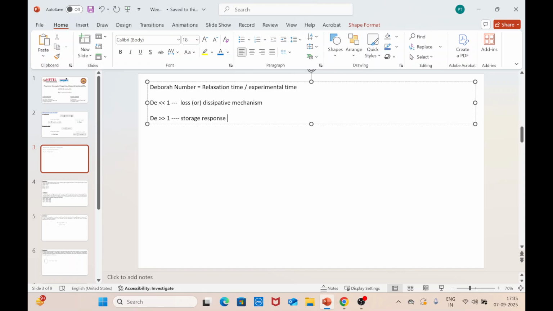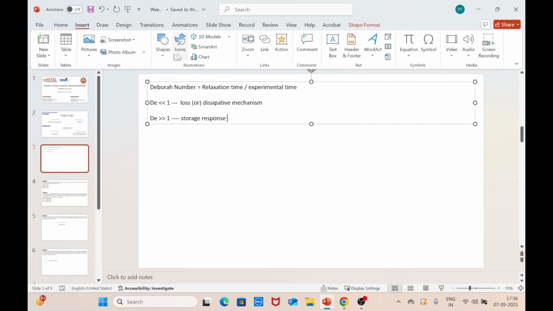When we talk about temperature, the very first thing in case of a polymer is the glass transition temperature, also called Tg. I guess now everybody would be very familiar with what glass transition temperature is.